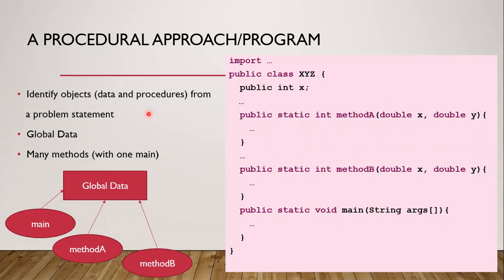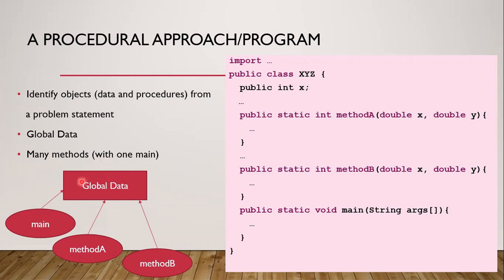When you're given a problem statement, the developer looks for the meaningful data to be used, primitive, smaller data, or non-primitive, bigger data structures, and then the procedures, the actions required to be performed on the data. So this is like processing. So the intention of the developer from the problem statement is to look for the data and the procedures.